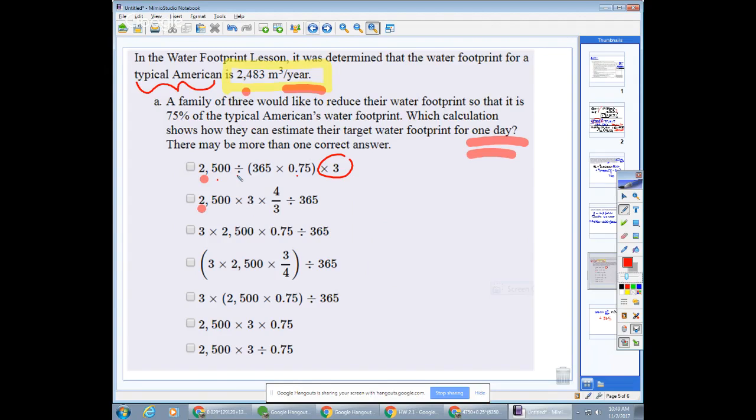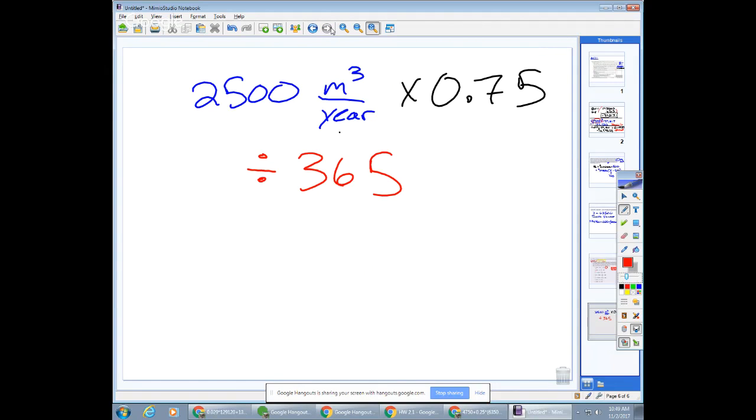Here's another way to write this first one: take 2,500 and divide by 365 times 0.75, then multiply by 3. Now, are we dividing by the 0.75 here? Definitely not. So that one's out.